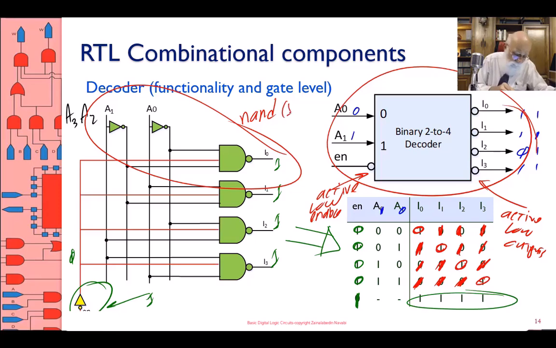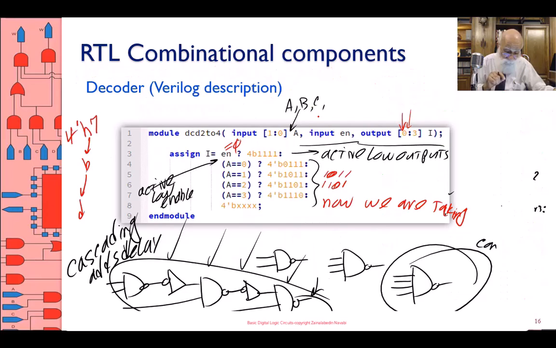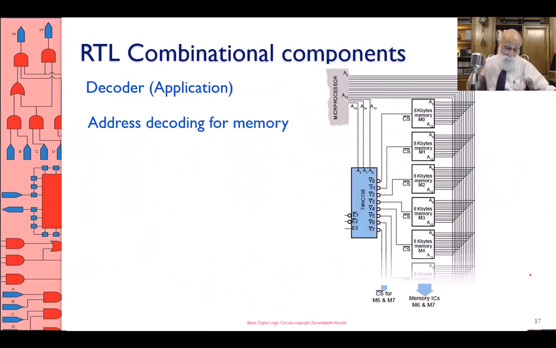So you would do I0 as the output, and then you would put the inputs and list them all out. Or you could do individual assign statements. But then I'm using what is referred to as condition operator, which makes life a lot easier.